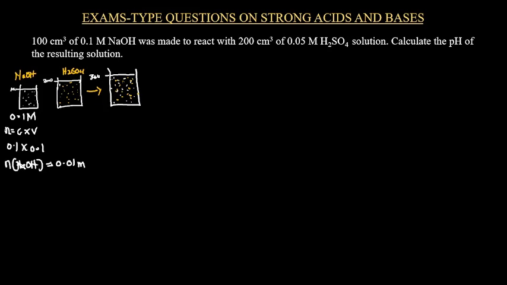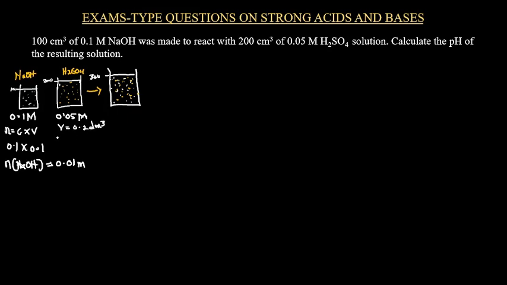Now, what about the acid? The acid has a concentration of 0.05 molar, and it has a volume of 200 cm cube. Then the volume is going to be 0.2 dm cube.